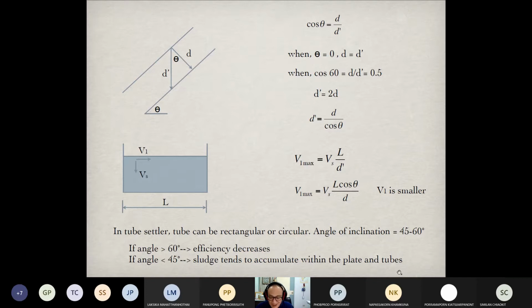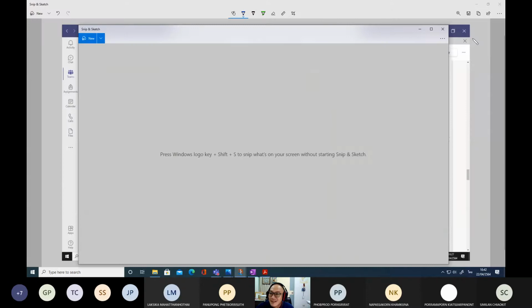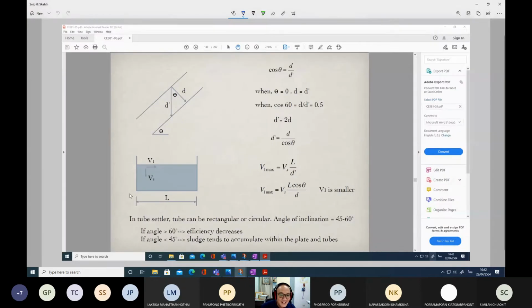According to this figure, this is L, and the space in between the plates is given as D. Based on the similarity of the triangles, you can take V1 divided by L, and it will be equal to the settling velocity divided by D. But in general, we make it like this.